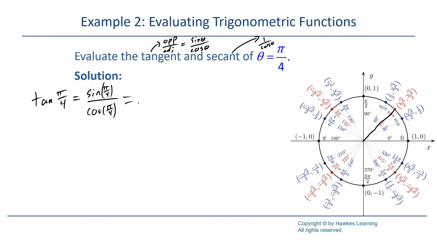And this one actually works out really nice because when you're on one of these 45-degree angles, notice the sine and cosine are the same value. Their signs just may be different. And so when we're here, we get that tangent is square root of 2 over 2 over square root of 2 over 2.